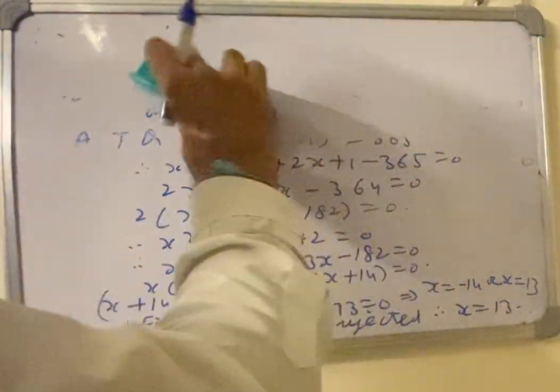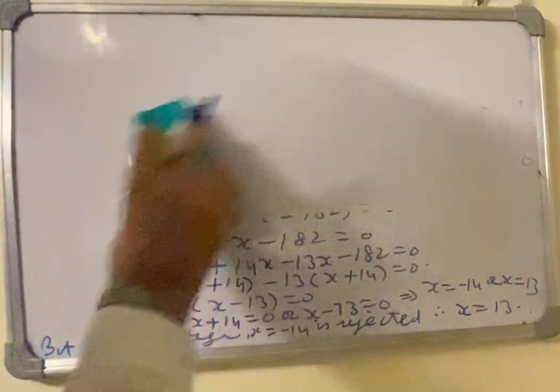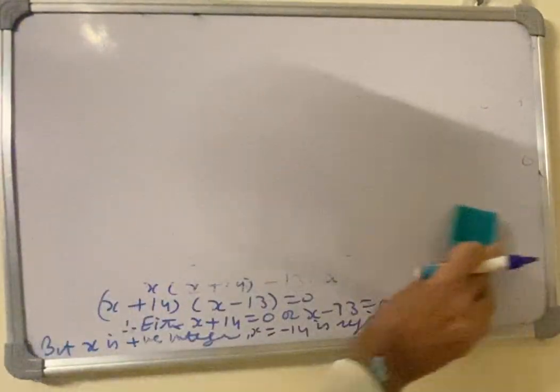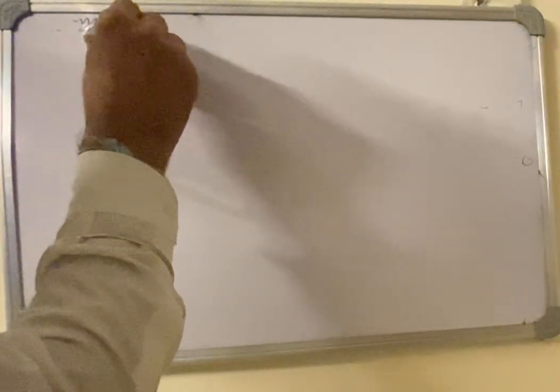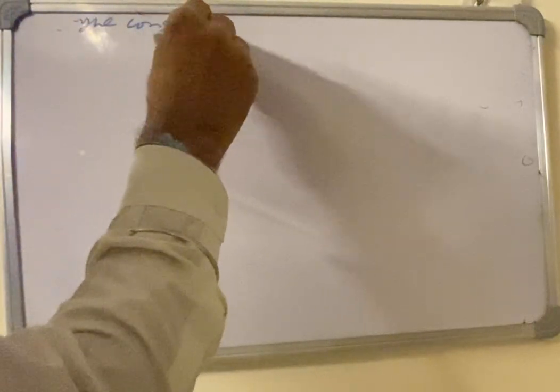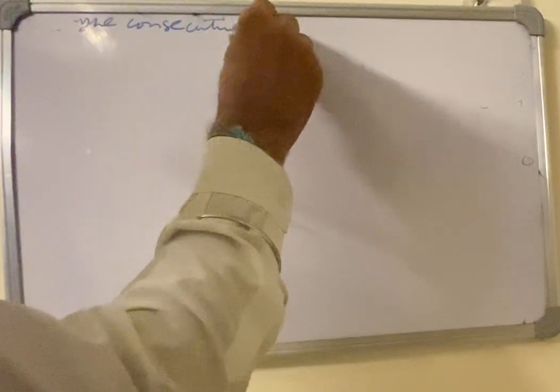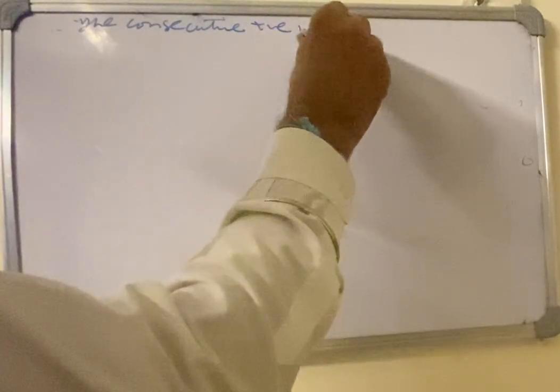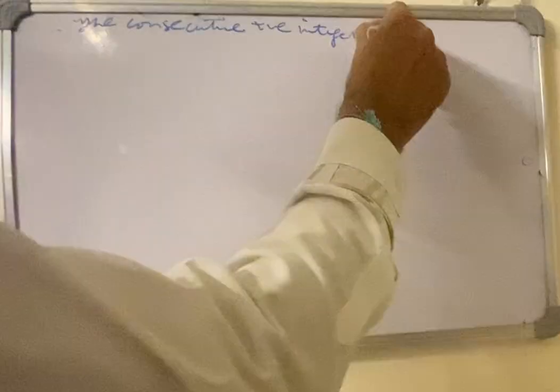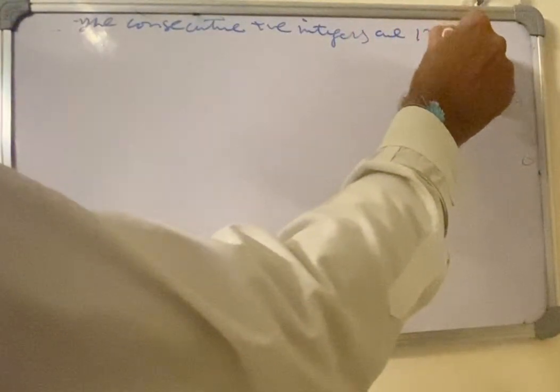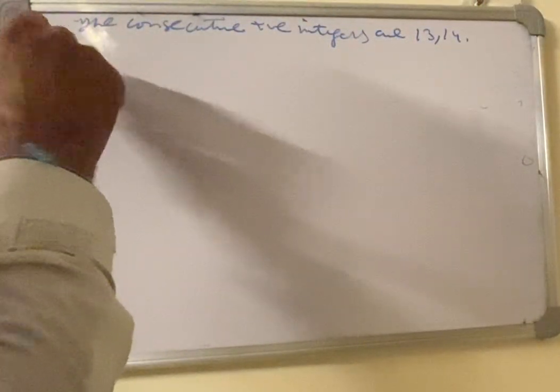Therefore, the consecutive positive integers are 13, 14.